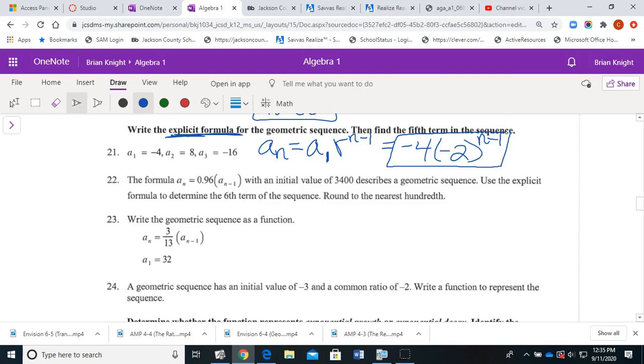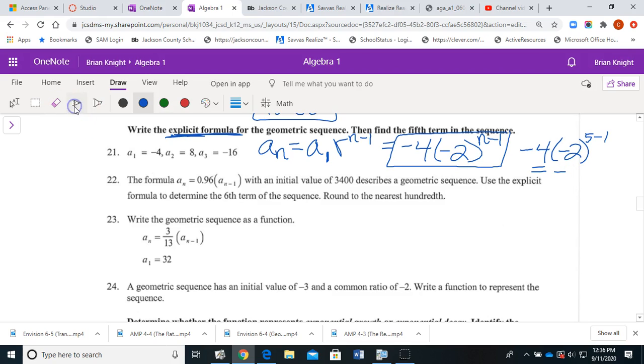And now what do we need to plug in for n to get the 5th term? 5. So, negative 4 times negative 2 to the 5 minus 1 power. Stick that in your calculator, and you get... Wait, oh, the 5th term, never mind. I don't know why I wrote down 16.